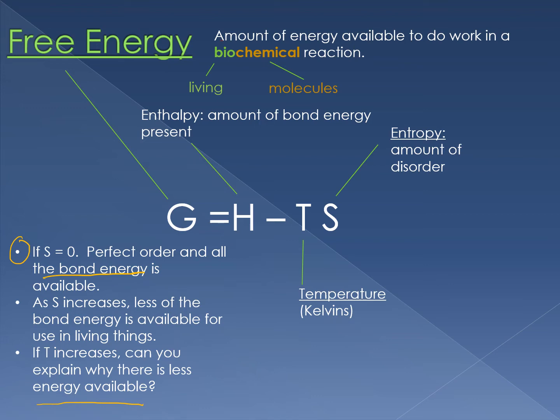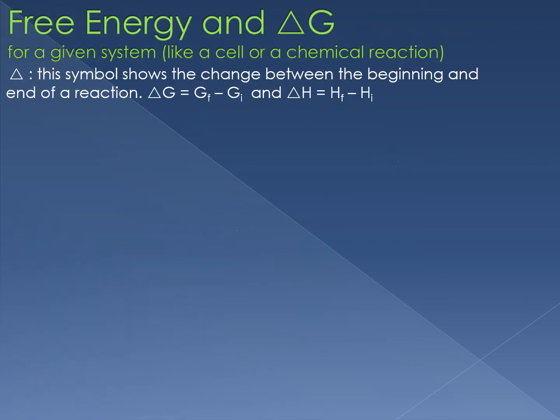See if you can put that into your own words out loud, or if you're in a library, don't do that out loud, or if you don't want to look strange talking to yourself or your computer, maybe don't. But think about it. If T increases, can you explain why there's less energy available? You can pause the video and give that a shot.